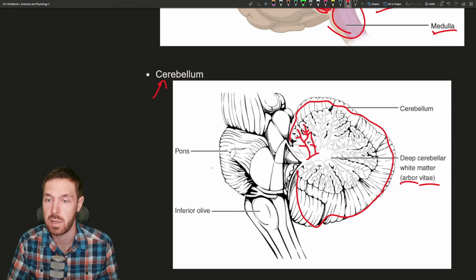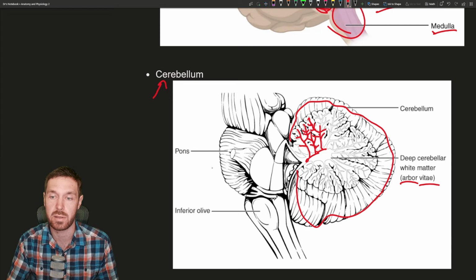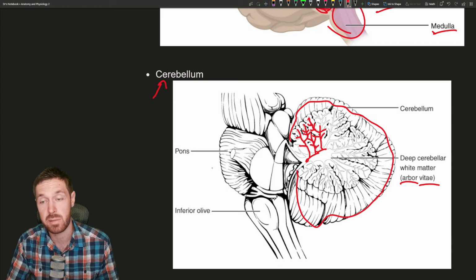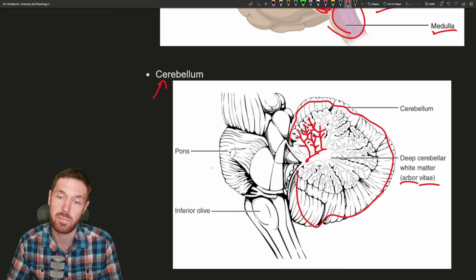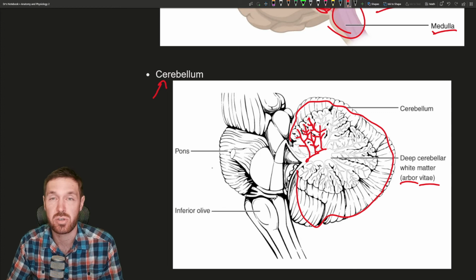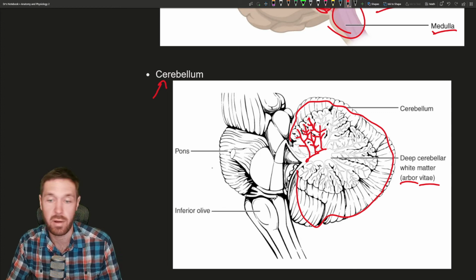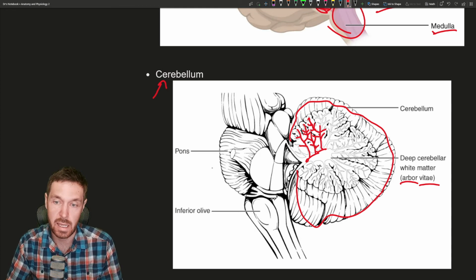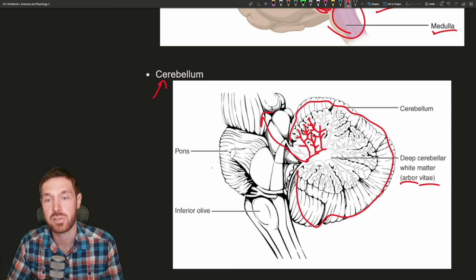So cerebellum is really important for balance. So when you drink too much alcohol, if you ever have, you have bad balance because of the cerebellum. It does play some role in cognitive function too. Its main purpose, though, is to create your blueprint. So right now, however you're watching this video, let's say you're sitting down at your table. It's sending a blueprint of how you're sitting up to your brain.